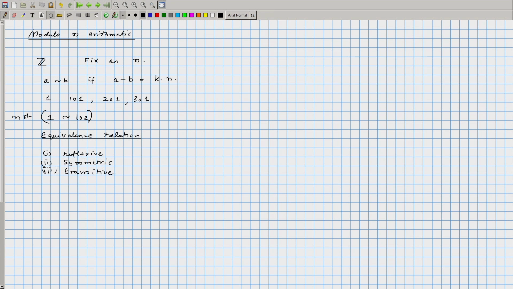Okay. So, if you look at the set of integers, this is your Z. Clearly, for any n, this relation that we have considered is reflexive, because a is related to a for any a, because a minus a is 0, that is 0 times n.